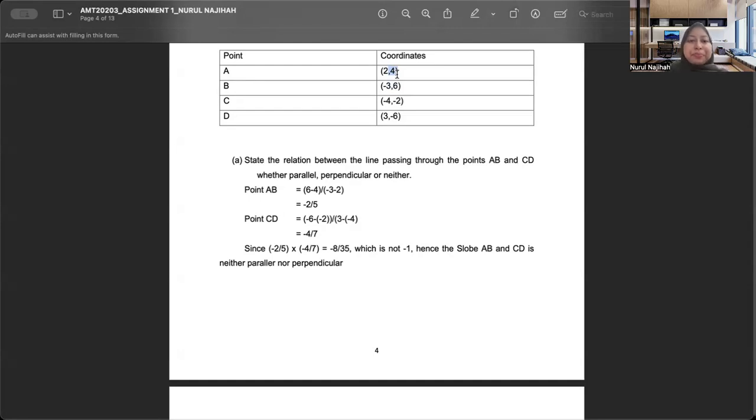Since the product of the slopes of AB and CD is equal to -8/35, which is not equal to -1, the lines AB and CD are neither parallel nor perpendicular.